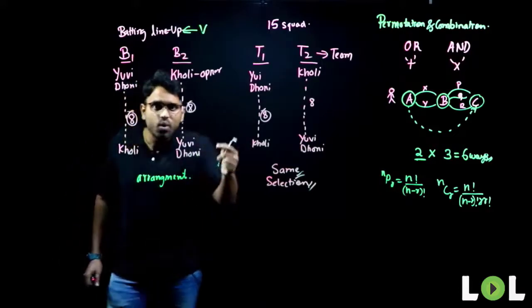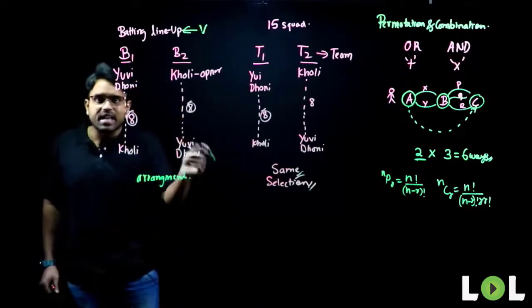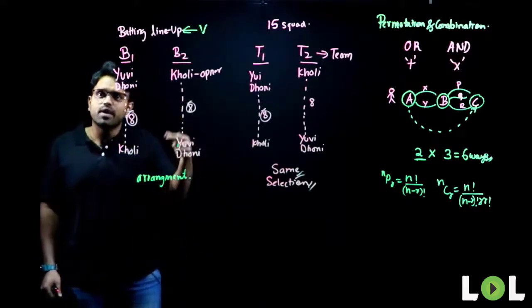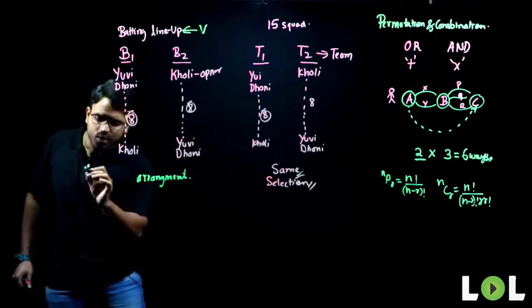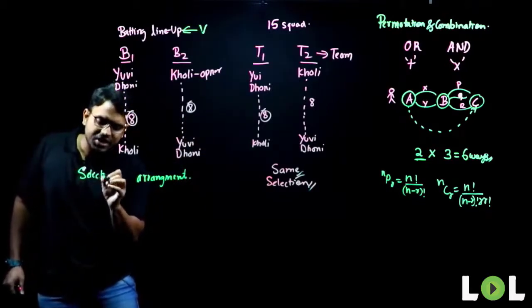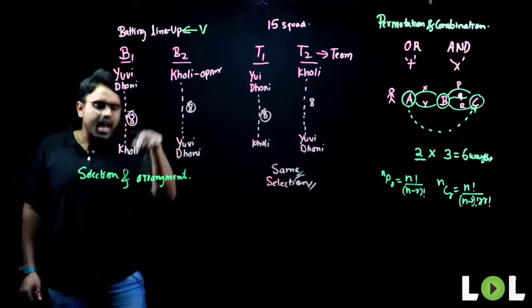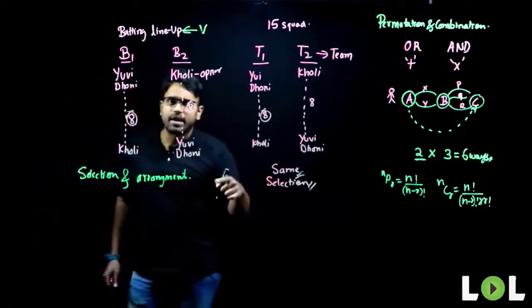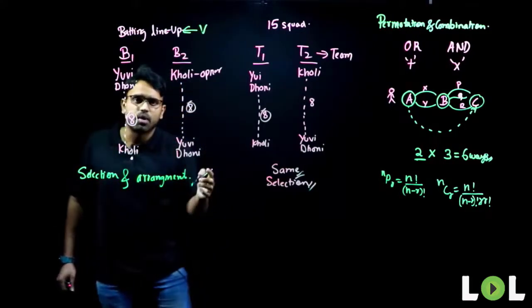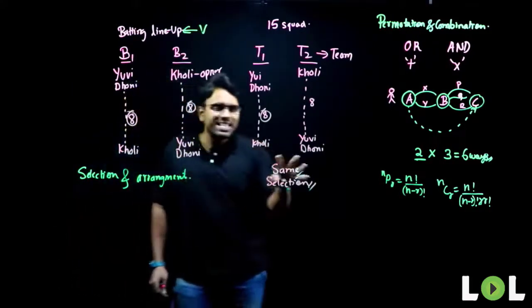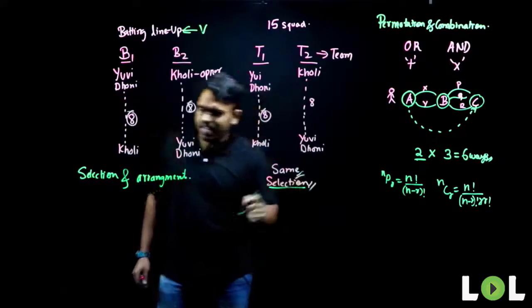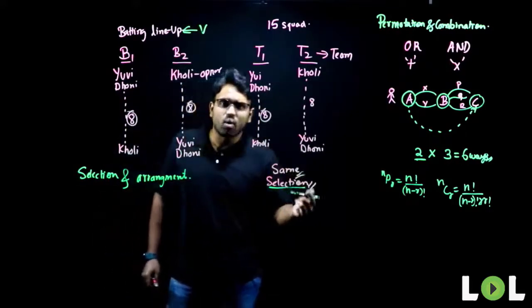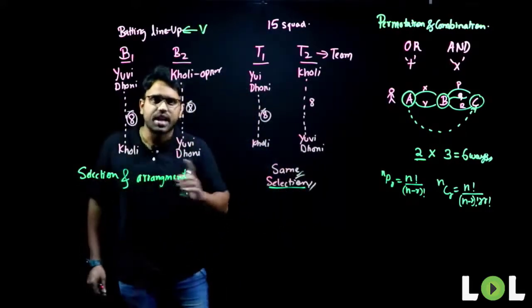So I selected 11 out of the total of 15. I did selection first and then arrangement, arranging them according to their batting lineup. So this is the basic difference between selection, which I can also call only selection, and arrangement.